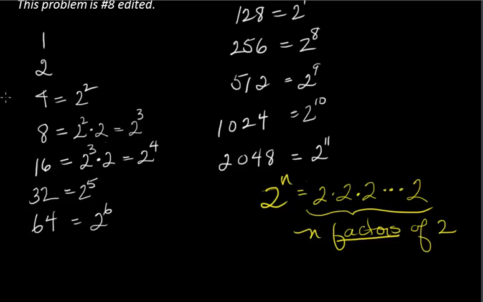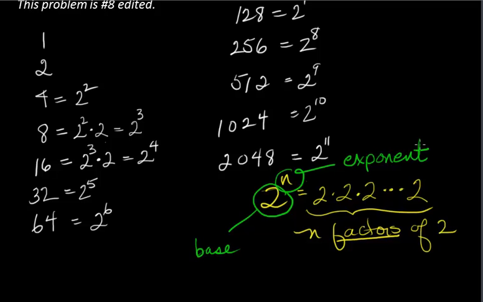And again, we call in this expression 2 the base, and n is called the exponent. So again, make this little list on a piece of paper and hold it out next to you as we do the problem.